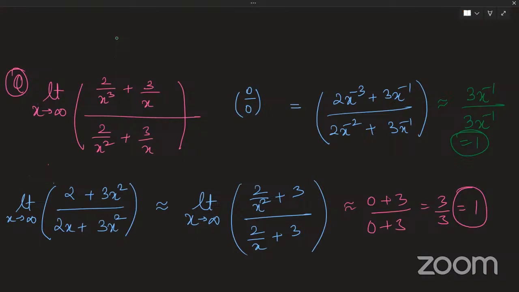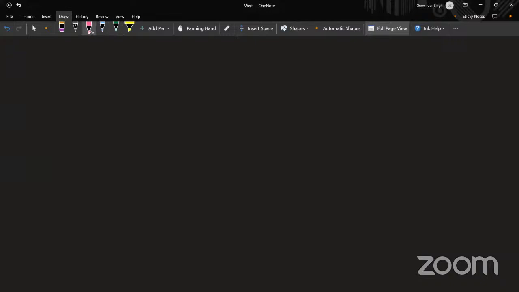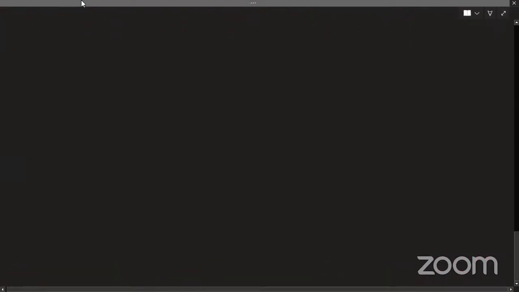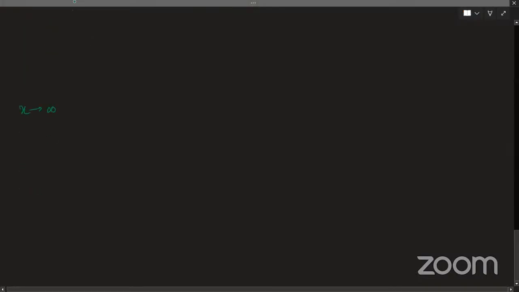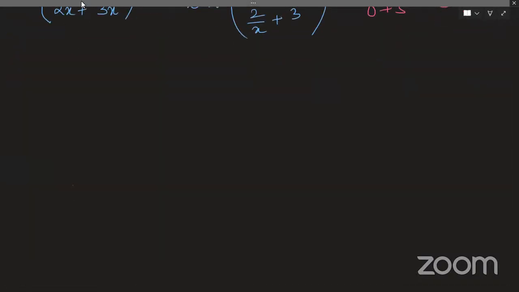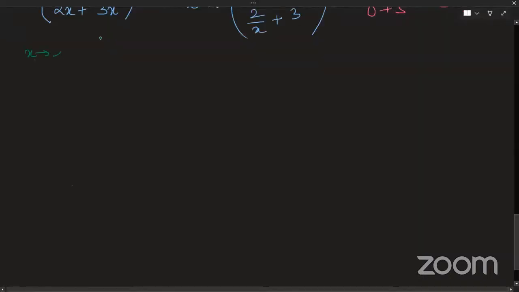Great. So from this trick, I will just tell you one more trick. You can just easily think of that also. So see, assuming that earlier your x was tending to infinity, and you were taking the highest powers in case of polynomials.